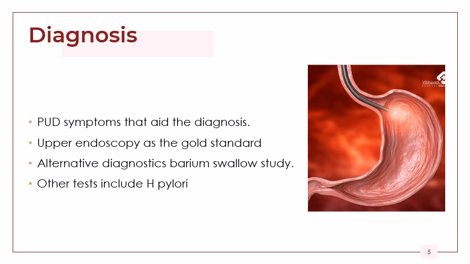Esophagogastroduodenoscopy, or upper endoscopy, is the gold standard and most accurate test in diagnosing PUD, as it can confirm the condition when suspected based on the signs and symptoms. In cases where upper endoscopy is contraindicated, a barium swallow can also confirm the diagnosis.